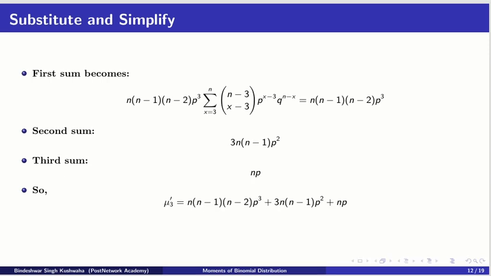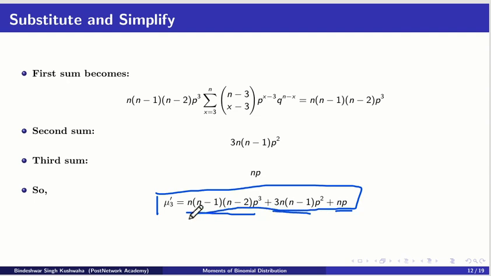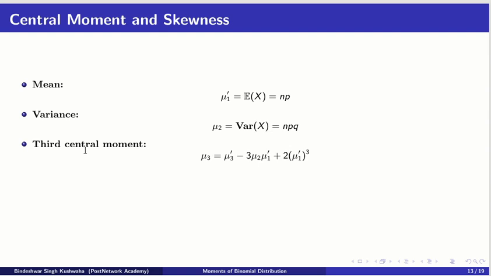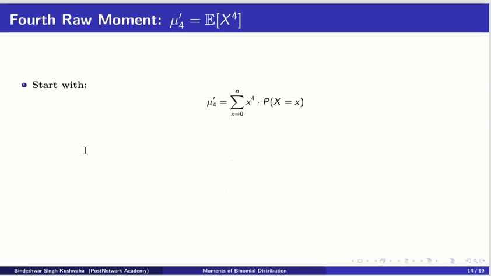So if we combine all of them, mu3 prime would be this expression, that is the third moment, but that is not skewness. So mean is np, variance is npq, and the third central moment we can express like this. If we substitute, we will get mu3 equal to npq(1 minus 2p).